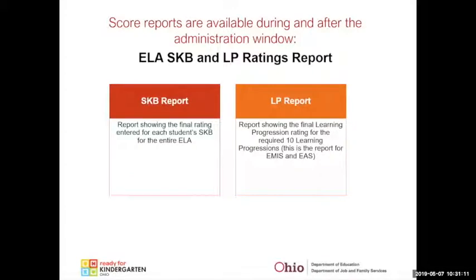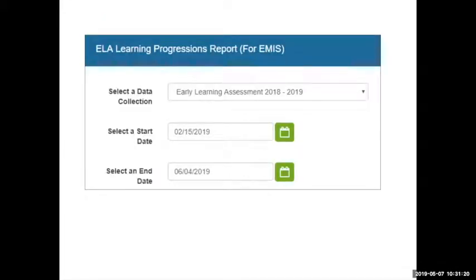There are two different versions of the report. The learning progression report is what you submit to EMIS and EAS. We want you to select February 15th as the start date and June 4th as the end date. So again, although teachers have through May 14th to be observing children, we want them to have a little time extra if they need it in order to enter the data into the KReady system.